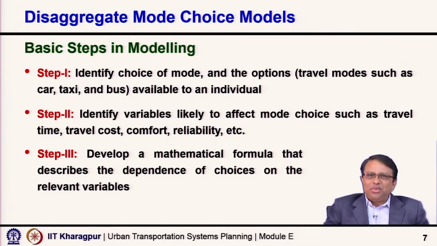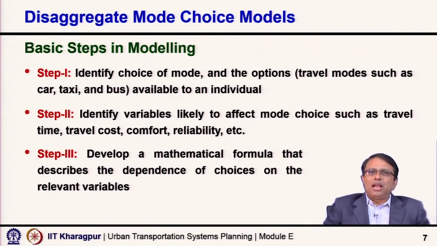That means, okay, the choice may be taxi, but then what are the other alternatives? Maybe the alternatives are car and bus. So, the first step is to know what choice is being made and what alternatives are available to an individual at the time of making the decision.